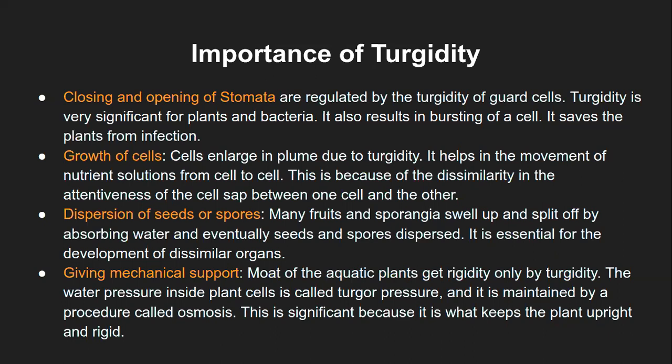And the bacterial cell wall, or the outermost membrane of the bacteria, will not have any control over the turgidity, and the water will keep coming inside. Because of that the bacteria will burst, that is what bursting of a cell is, and it will ultimately prevent the infection from happening. So that way bacteria will get killed within the plant itself.